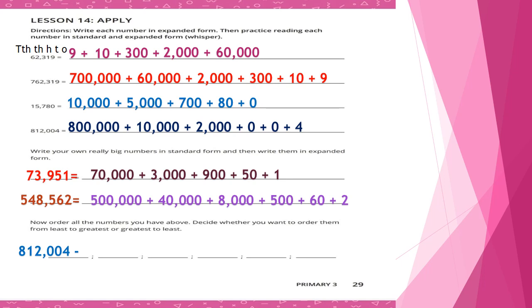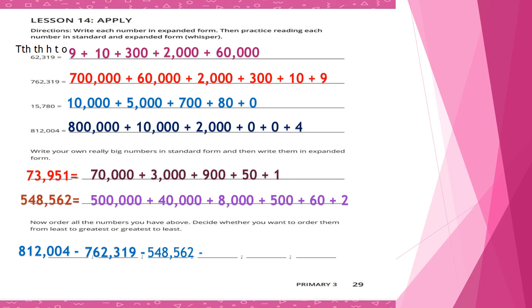This is the greatest number. Then, what will be the greatest else? 762,319.